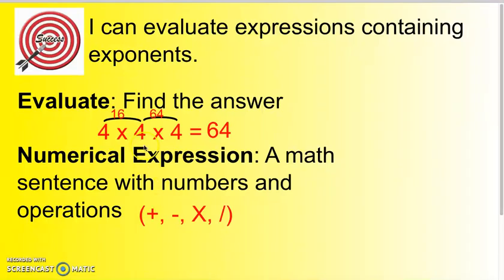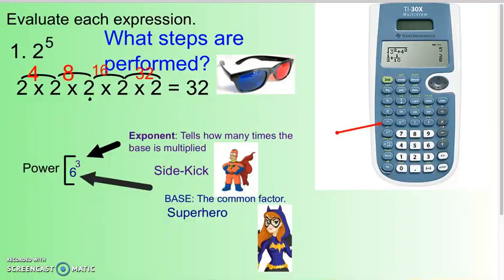And so this is an expression, 4 times 4 times 4. Or we can call it a numerical expression because there are numbers in it. And so that's what the numerical part in front of it means. Okay? So today we're going to look at evaluating expressions.